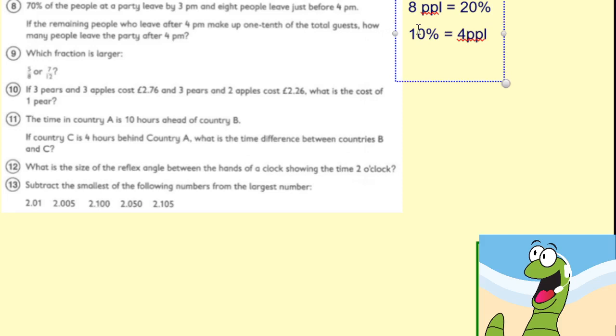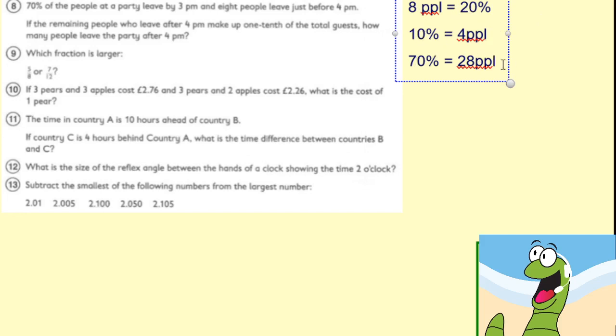That means that 70%, as I said, equals 28 people. So 28 people are 70%, 10% is 4.